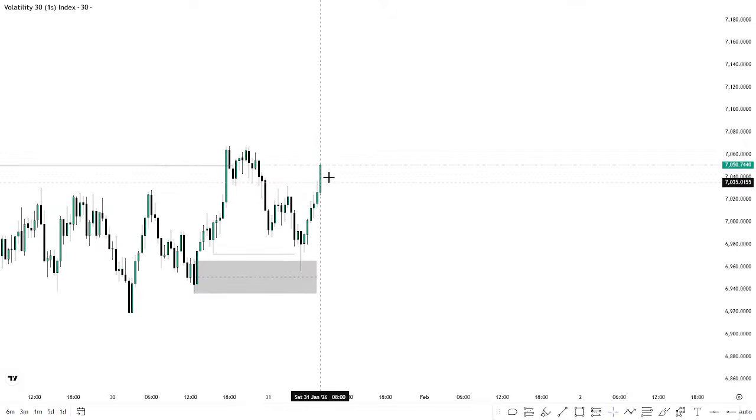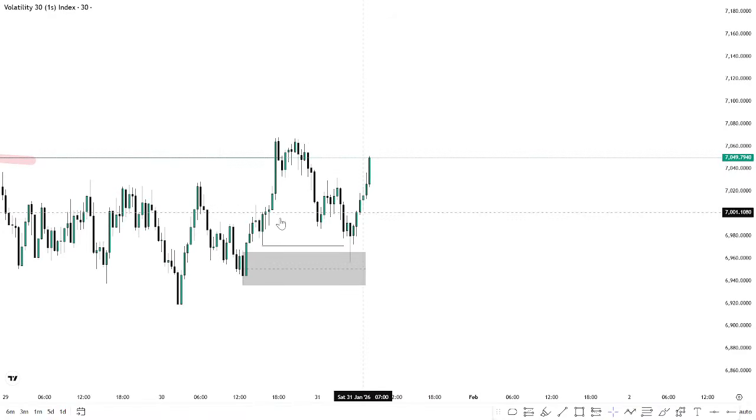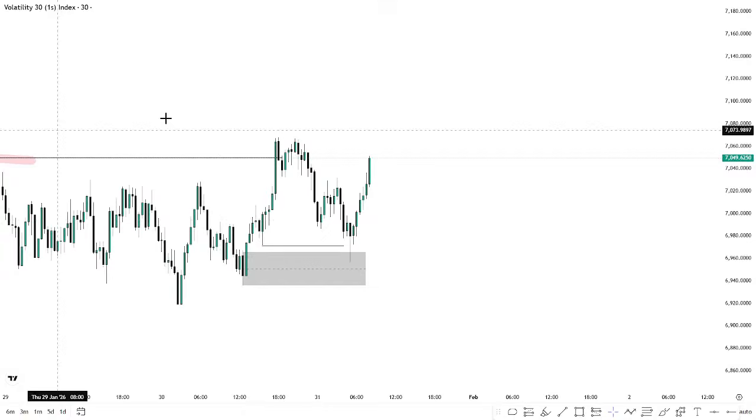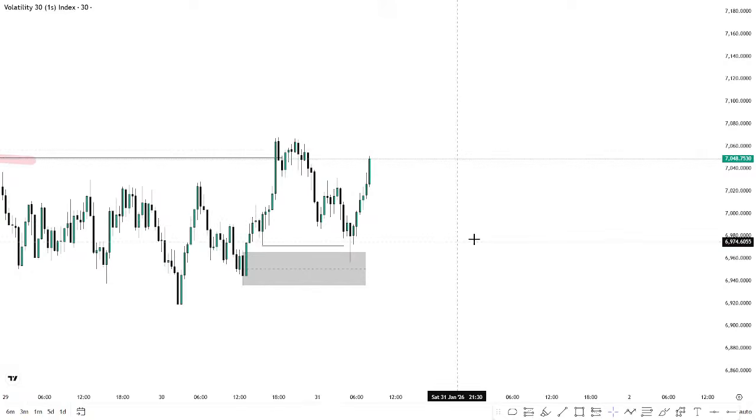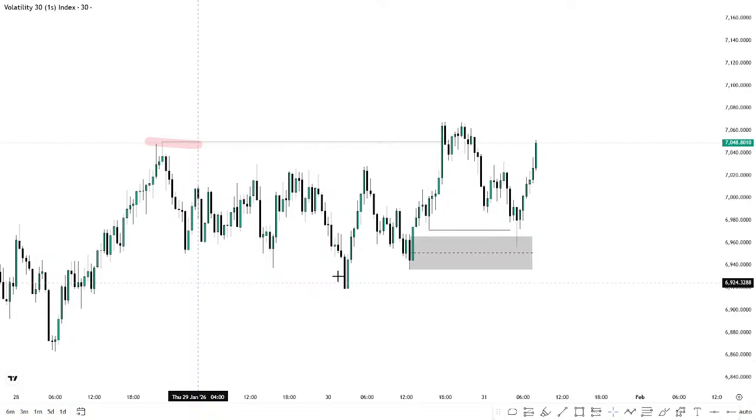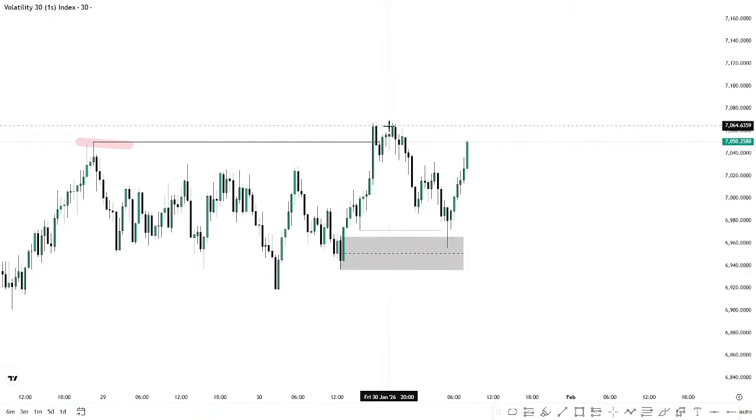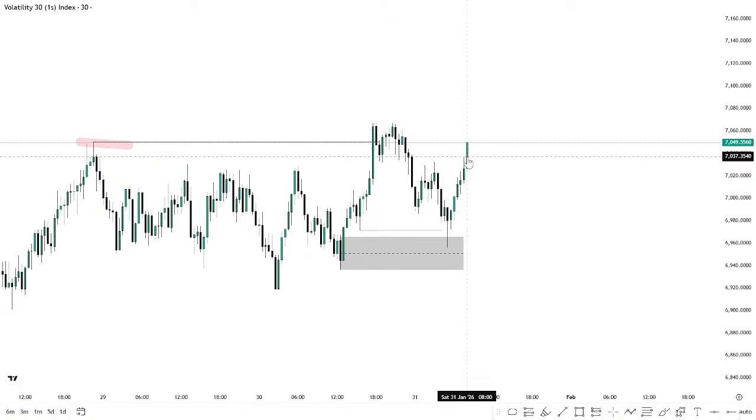We would have a fair value gap where we can continue the buy setup, right? And this buy was also dropped on our free signal channel. So if you were smart enough, you should be in this market, right? So let's just wait for a break of structure to the upside. Then we would get a fair value gap for that continuation to the upside.